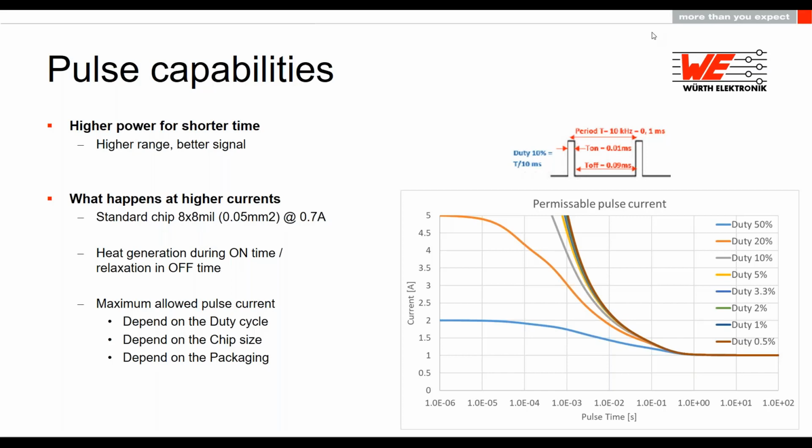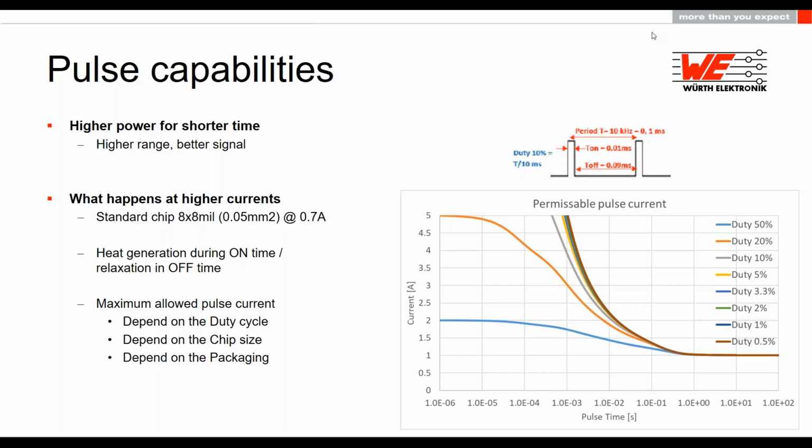As you can see from the curve, for example, if we have a pulsing time of 1 millisecond, or 1e-3, then depending on the duty cycle, we can have different properties. For example, if we use a duty cycle of 50%, so 50% on and 50% off time, then we can reach probably around 75% higher than our standard current.